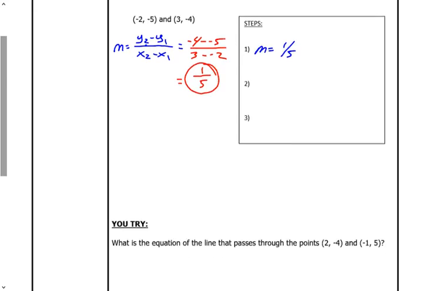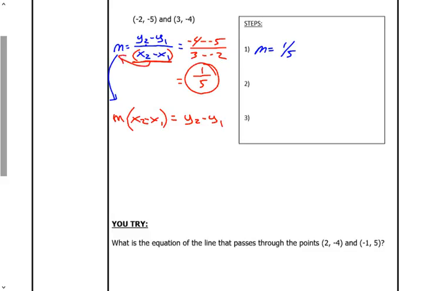Well, here's why I like it. Point slope is simply that equation rewritten. I'm going to take this whole thing and move it to the other side. So really this x2 minus x1 is just going to come up there.